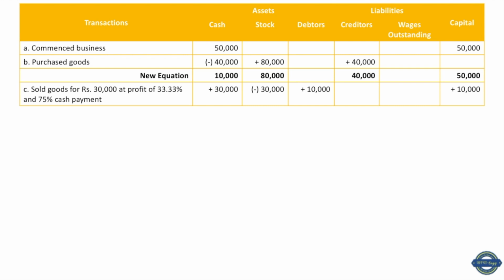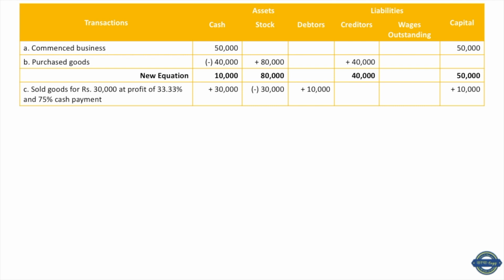All income, expenses, gains, profits, losses will be affected under the capital column. Therefore, the profit of 33% of 30,000, that is 10,000, will go under capital. And 75% of cash payment was done. So the sales was of 40,000, 75% of 40,000 is 30,000.